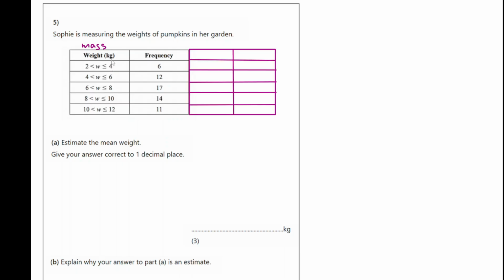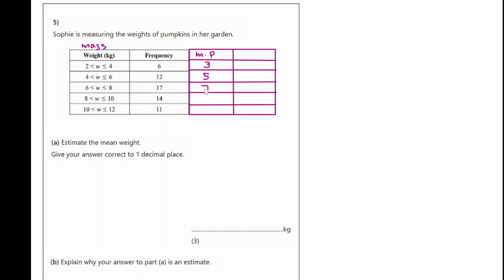Now, we have weight from 2 to 4, so we need to get the midpoint of these masses. So 2 and 4, midpoint is 3. So you can just find the midpoint or do 2 add 4 is 6, half of 6 is 3. 6 add 4, 10, half of 10, 5, that's the midpoint.